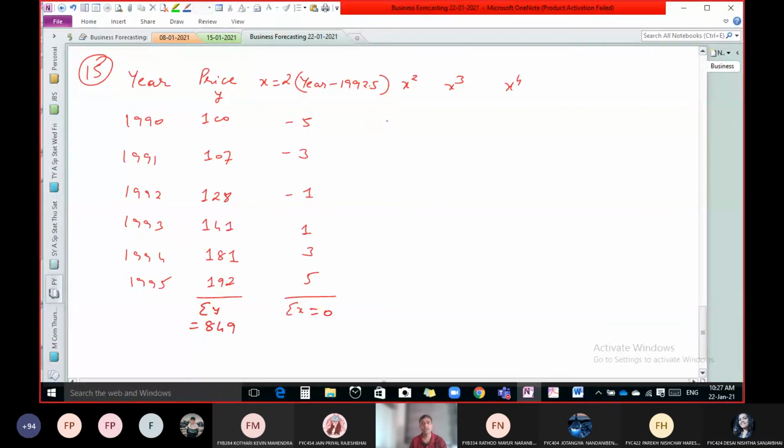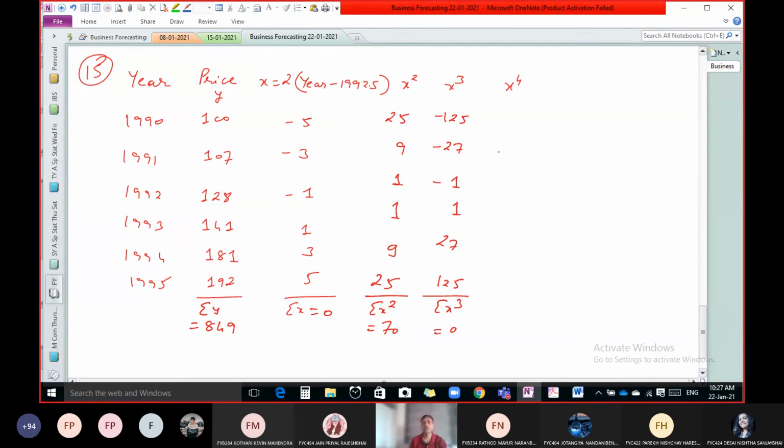Okay, x square, that is 25, 9, 1, 1, 9, 25. So sigma x square is 70. Then x cube: minus 125, minus 27, minus 1, plus 1, plus 27 and plus 125. So sigma x cube we get 0, and it will reduce our work.